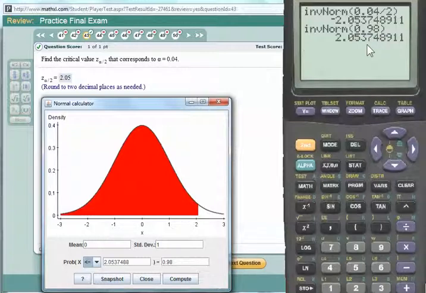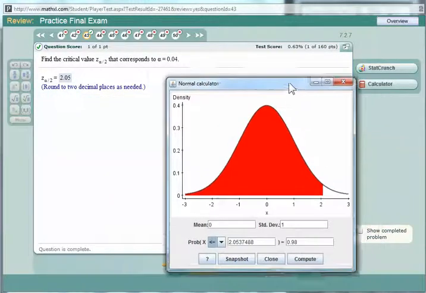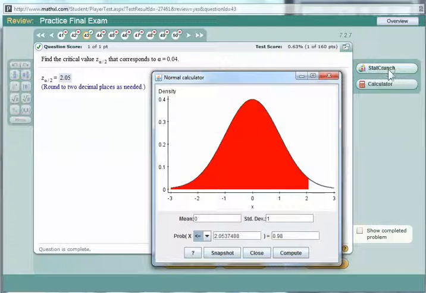Makes it feel like you know that you're in the right place. Okay, anyway, 3 different ways: table, calculator, and StatCrunch. My favorite here is StatCrunch. Very easily to manipulate. It's going to be available to you next to each problem, and it shows the picture.